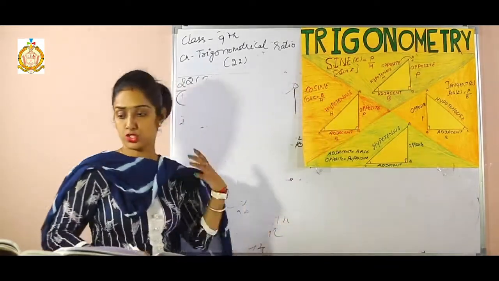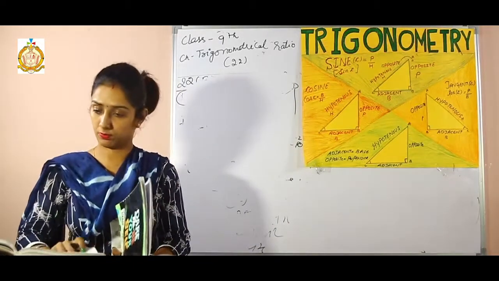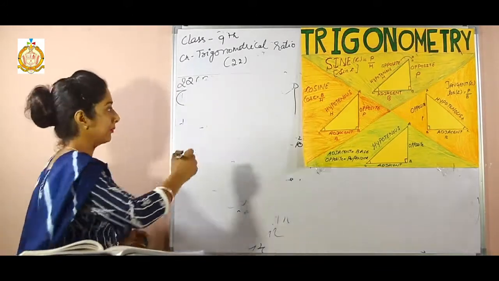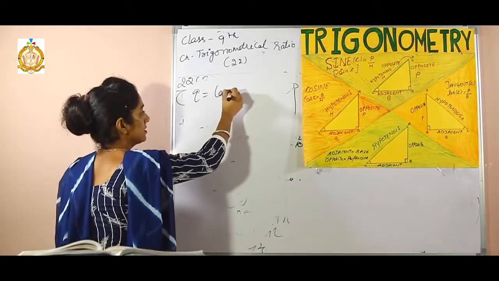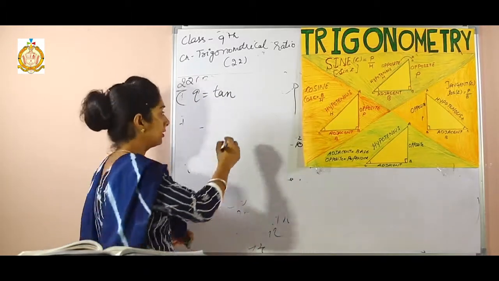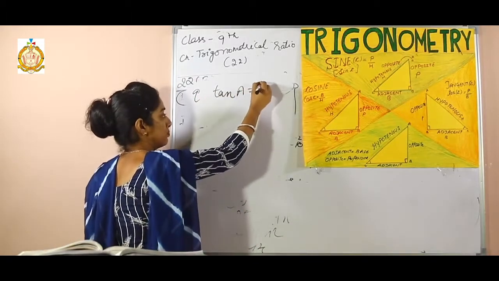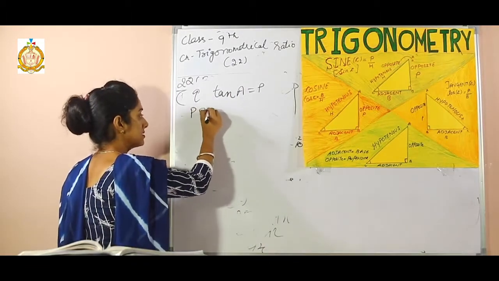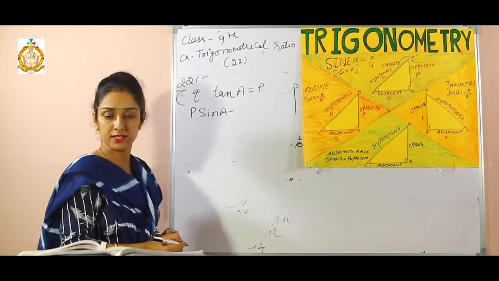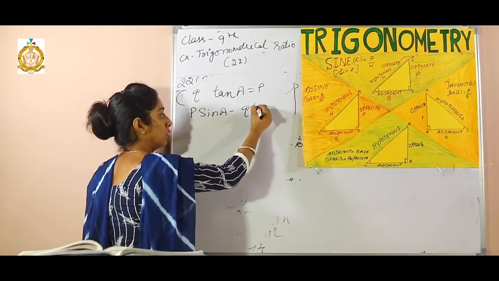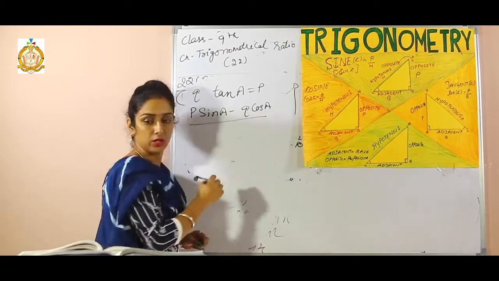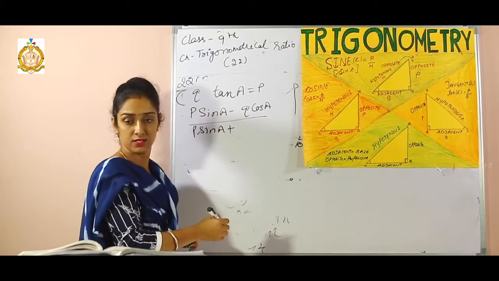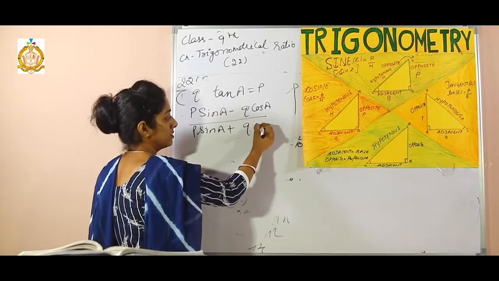Now come to the next question, question number 21. If Q tan A is P, find the value of (P sin A minus Q cos A) over (P sin A plus Q cos A).